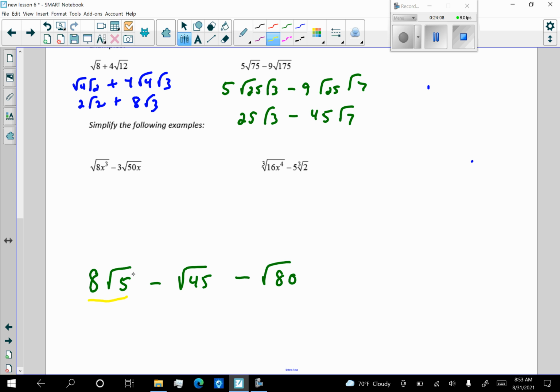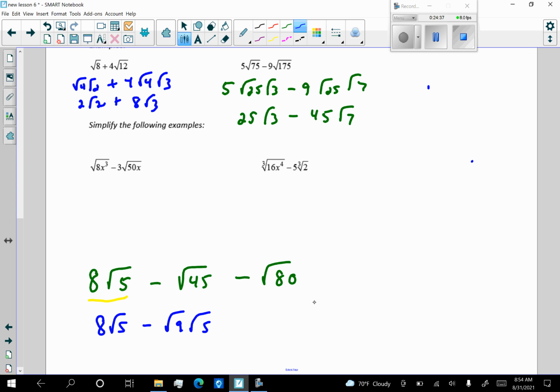So let's rewrite this bad boy. The square root of 45 is square root of 9 times square root of 5, because 5 times 9 is 45. Is there a perfect square in 80? I think there is. If I take 80 and divide it by 16, I get 5.